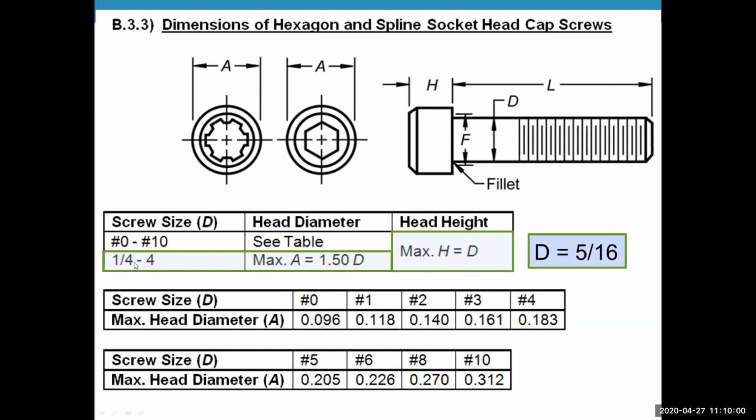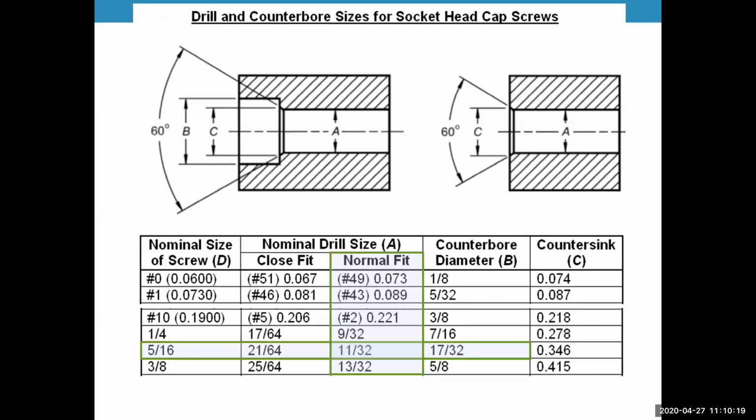Okay, so we look at the table and we say it's 1.5 times the diameter. The diameter is 5/16, which gives us 10/16. Excuse me, not 5/8. See, I was wrong. It's 1.5 times that. So what would that be?